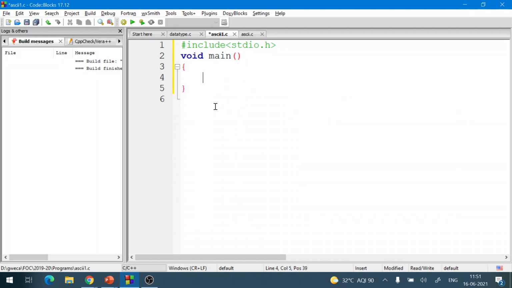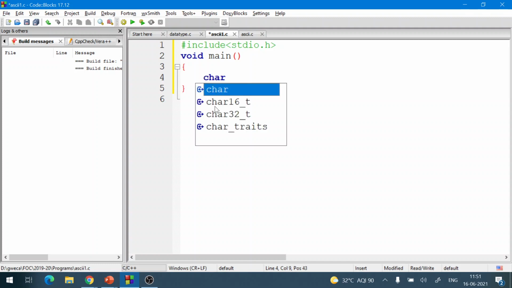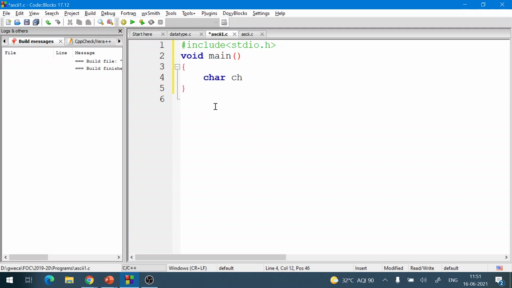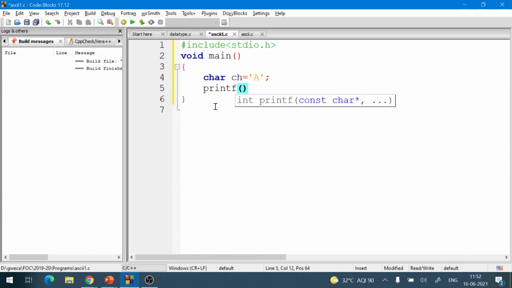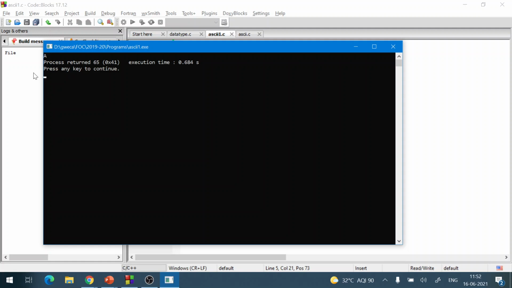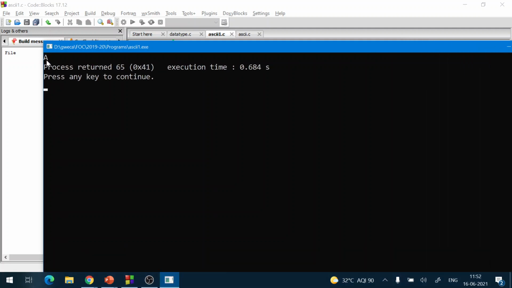Then I will declare a character ch, and I will initialize it as capital A. Now I want to print the ASCII value. So look carefully. If I print it with the help of %c and ch, this is the normal printf function, it is going to print the character A.